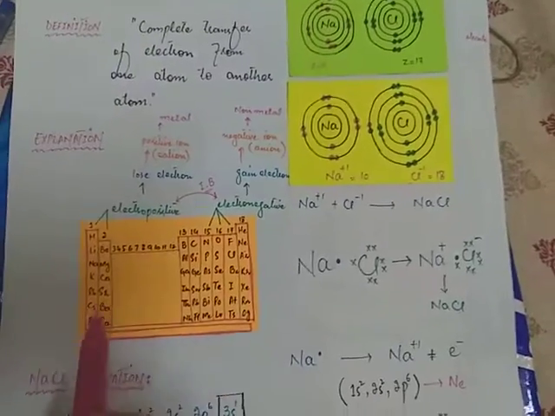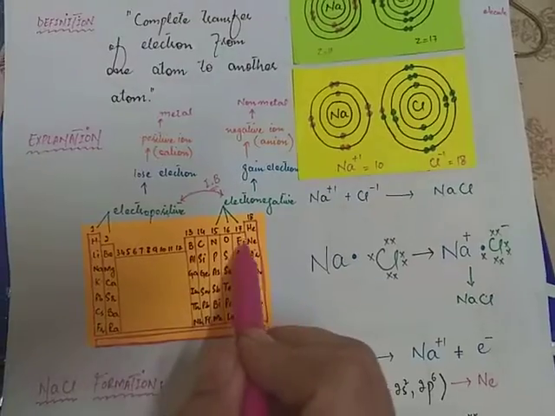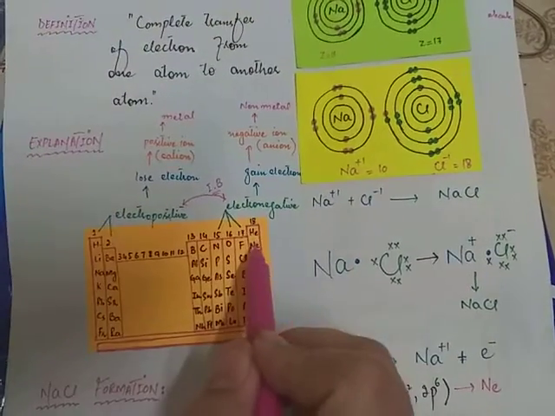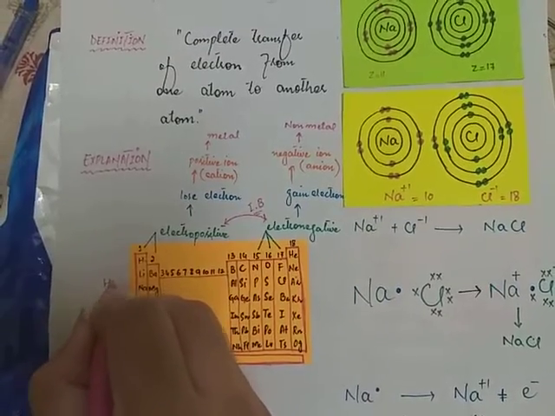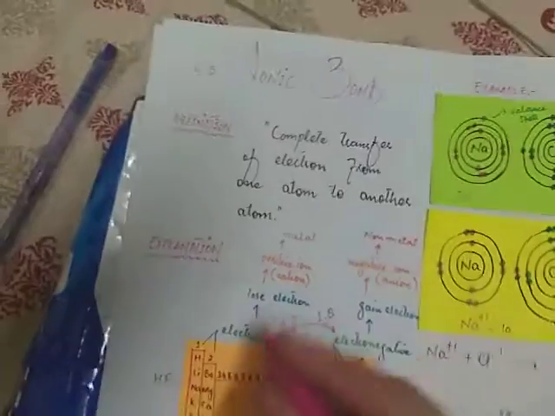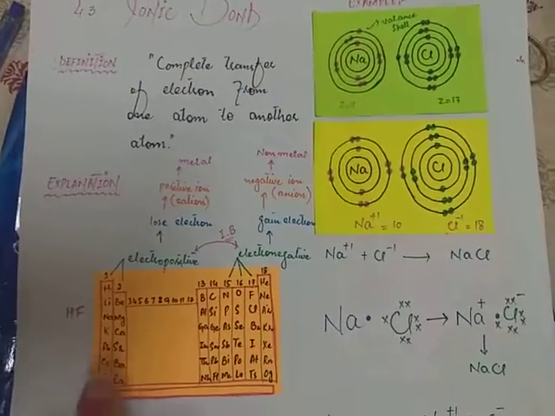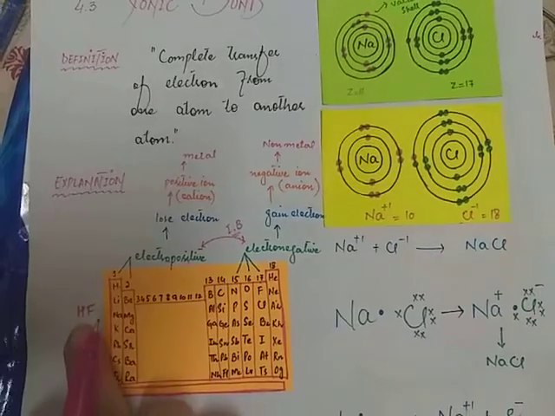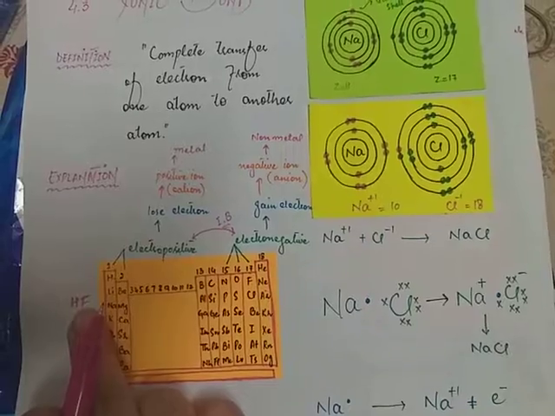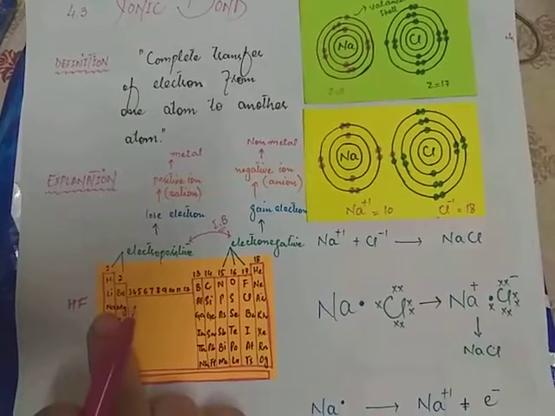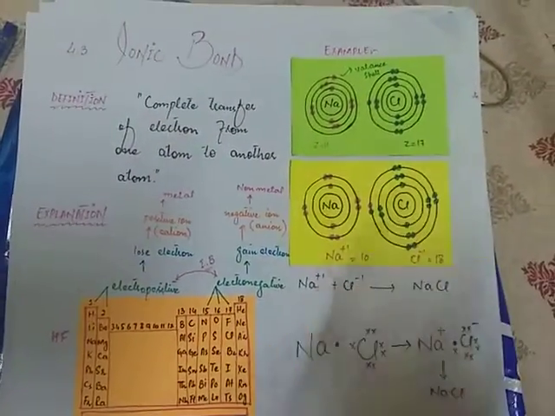For example, hydrogen and fluorine: hydrogen fluoride, HF, is formed. Hydrogen, being electropositive, loses its electron and this electron is gained by fluorine, and as a result hydrogen fluoride is formed. Same way, sodium forms bond with chlorine and forms sodium chloride.